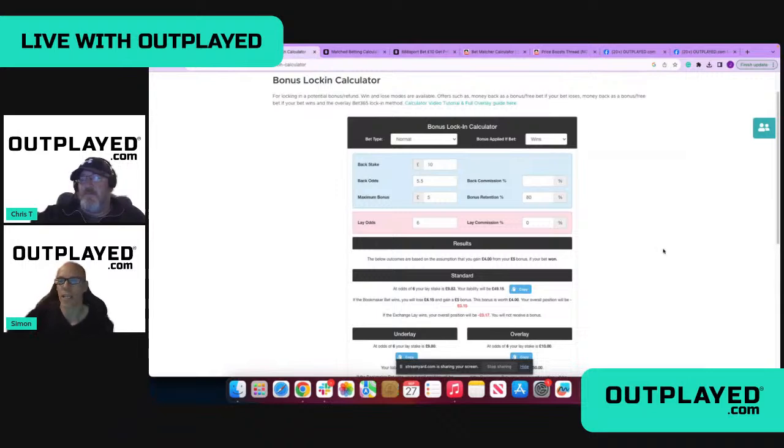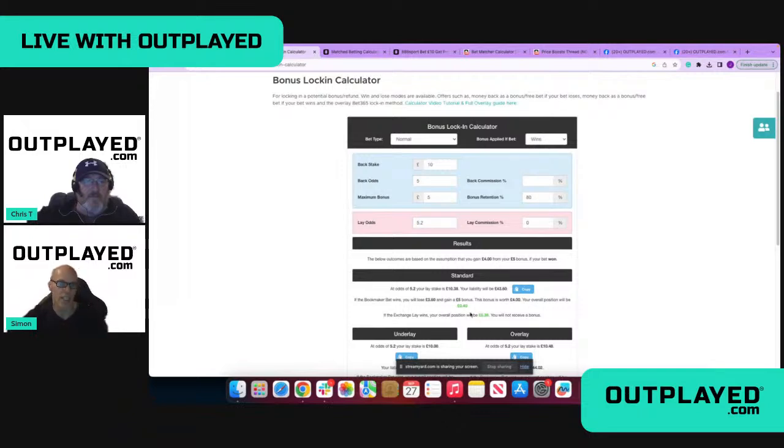It's only worth doing that if it's a value bet. One way you can check whether it's a value bet is to stick the numbers into the bonus locking calculator and see if it comes up with a profit. If it does, let's say you had something like 5 and 5.2, a really close match.